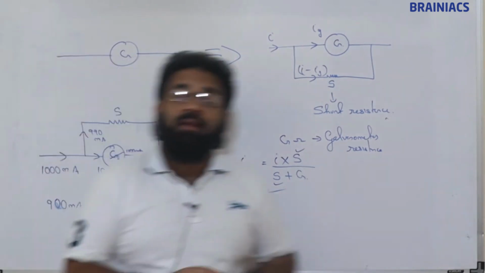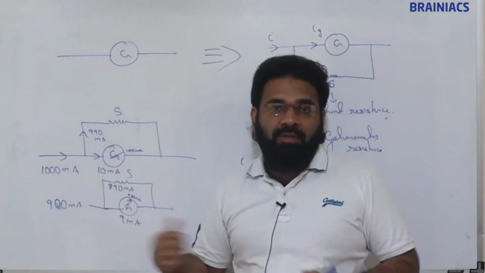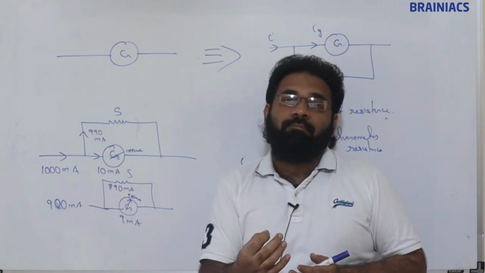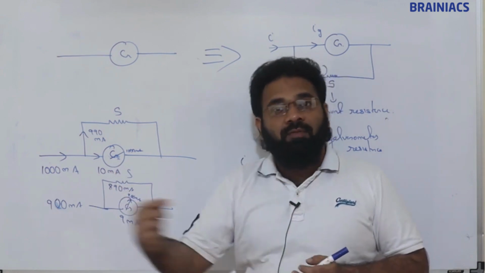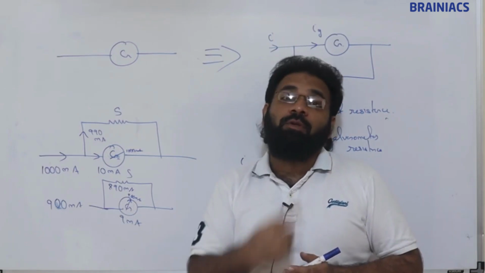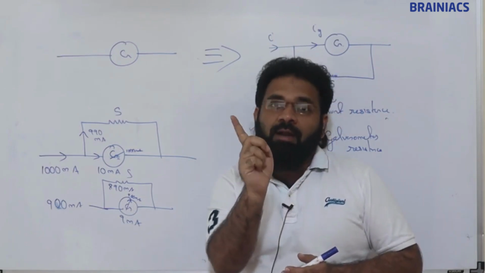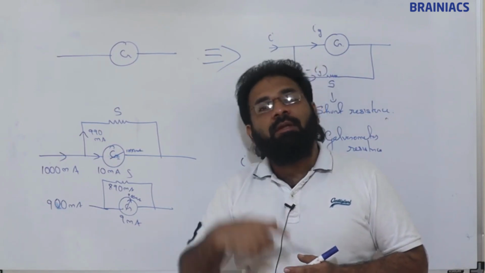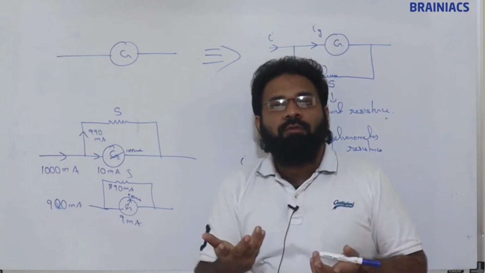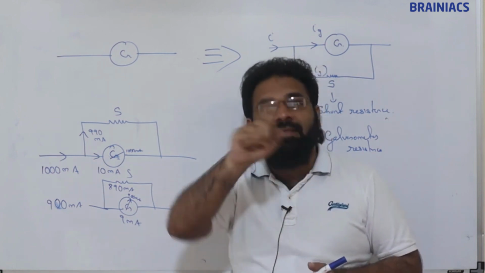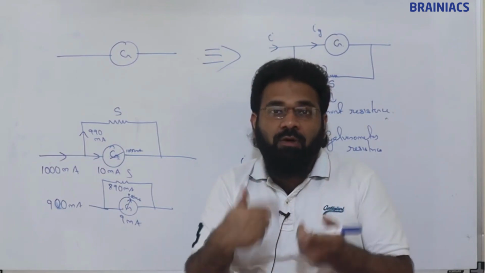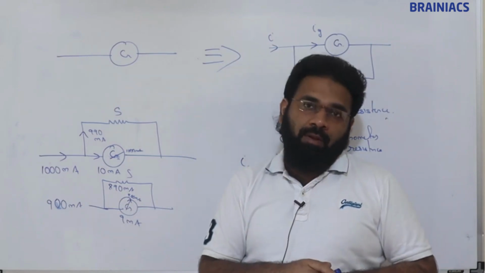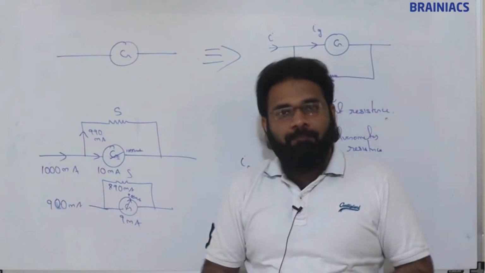We will calibrate this galvanometer in such a way that if the current passing through it is 10 milliampere, it will show 1000 milliampere. If it is 9 milliampere, the needle will show 900 milliampere. If 8 milliampere is flowing through the galvanometer, it will show 800 milliampere. So we will be doing calibration; the markings we will change accordingly. Based on the ratio of current passing through the galvanometer, the needle will show accordingly. That is not our headache, they will do that.